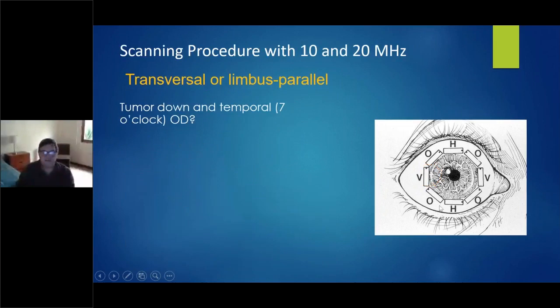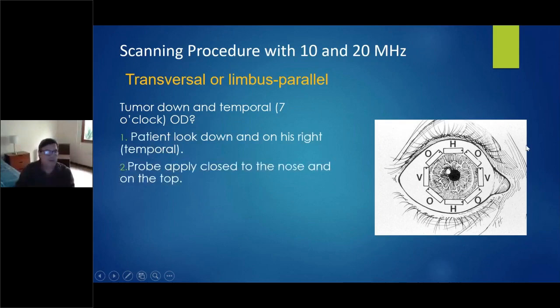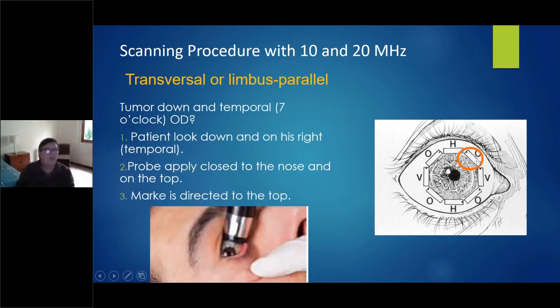Down in temporal, 7 o'clock, what do you do? The patient looks down and to his right, that means temporal. The probe is applied close to the nose or on the top. This is the way that you make it. Also, the eye should move in the images. You notice that.